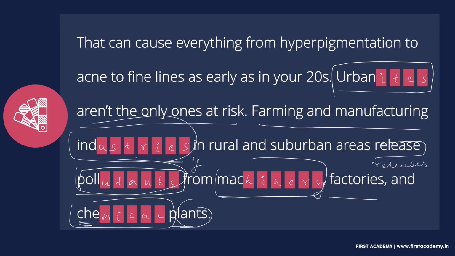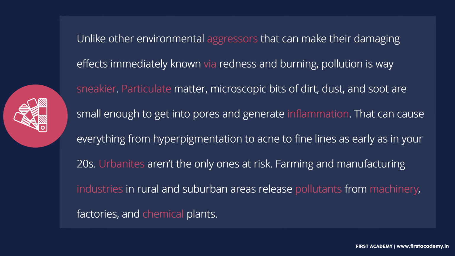So let's look at the entire thing at once and look at what are the words that we've come across and what we can expect in the actual Duolingo test. So there we have it, all the words that we have looked at so far. First we've looked at the word aggressors. Then we've looked at the word wire. Then sneakier.